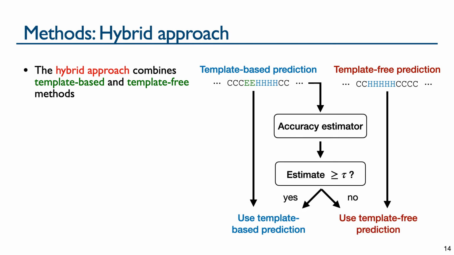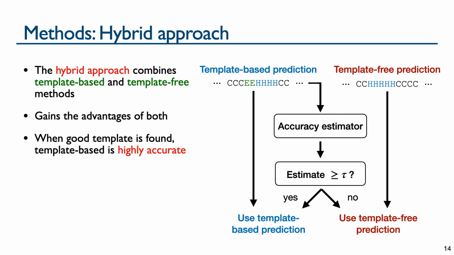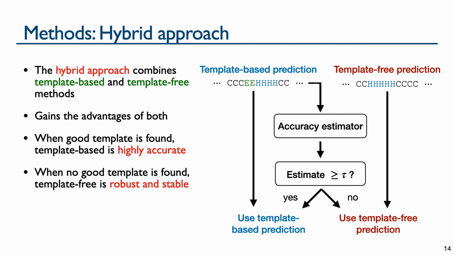Otherwise, it outputs the alternate prediction of a template-free tool. The hybrid gains the advantages of a template-based method, where when a good template is found, the prediction has high accuracy. We combine Nnessy with a robust and stable template-free method, so when no good template is found, the accuracy of the hybrid prediction is robust and stable.